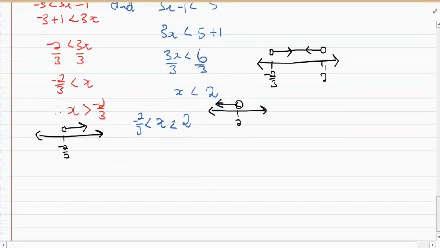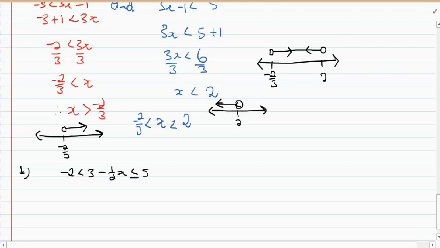We can have one more example, this is our B. We have -2 less than 3 minus 1 over 2 x, which is less than or equal to 5.